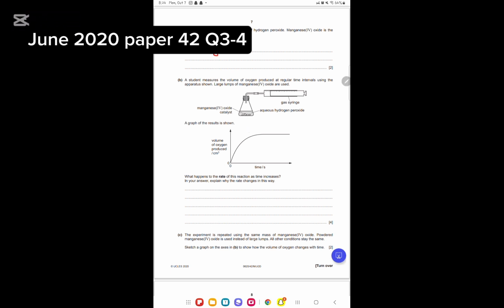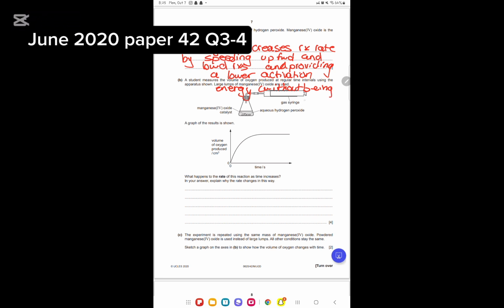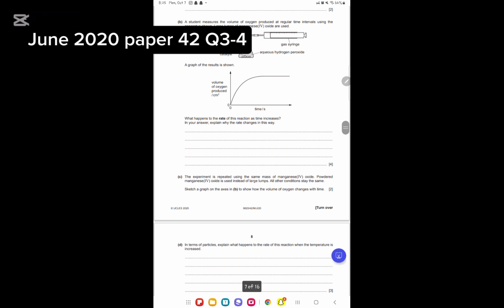A catalyst increases reaction rate by speeding up forward and backward reactions and providing a lower activation energy, all without being consumed. Now, for part B, a student measures the volume of oxygen produced at regular time intervals using the apparatus shown below.